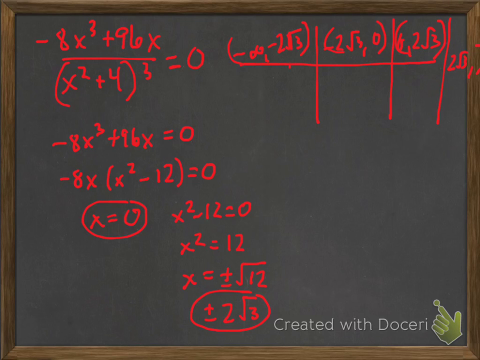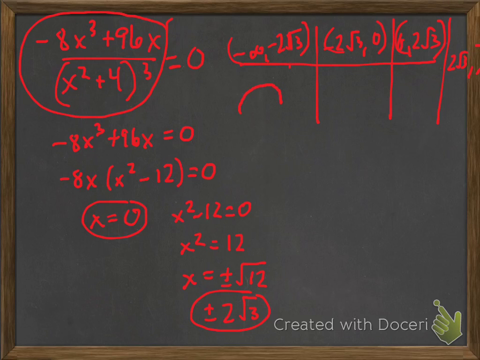And we're going to plug numbers into our second derivative. So pick a big negative number like negative 10 or negative 100 if you want to go really big. You know the denominator is always going to be positive. So that's going to be a negative and a negative. That's going to be concave down.